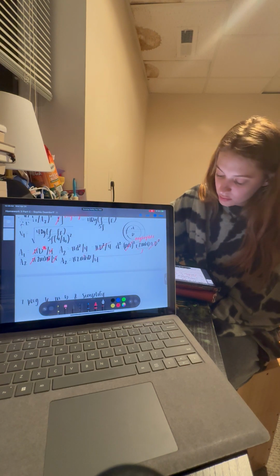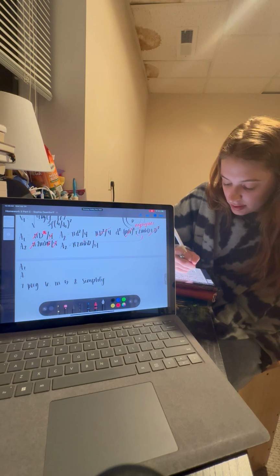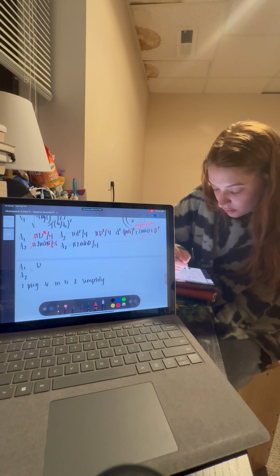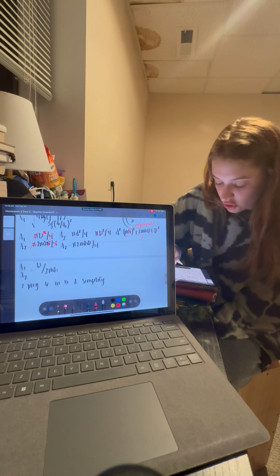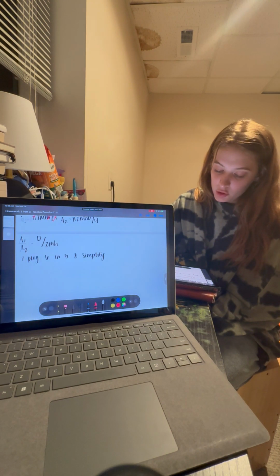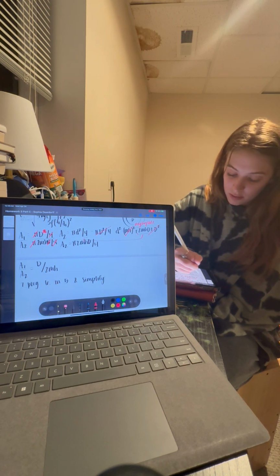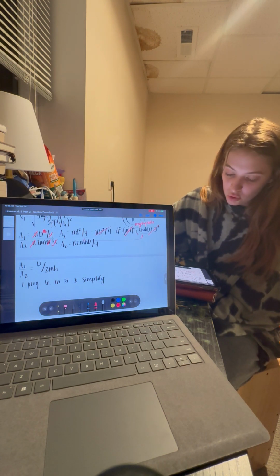So our A1 over A2 ends up looking like d over 2mh. The last step to this problem is going to be plugging this into this.